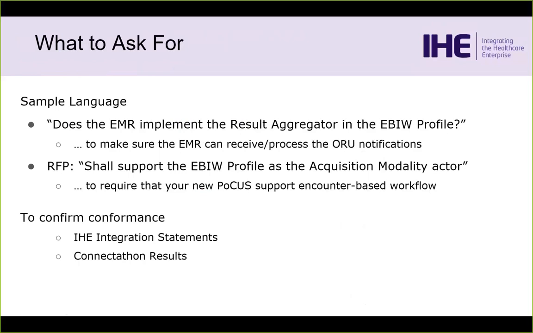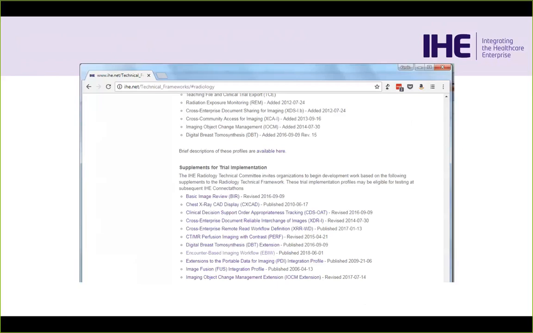If you want to confirm conformance, as with all IHE profiles, go look at the vendor's integration statements and check the Connectathon results. There's an online database. If you just Google for IHE Connectathon results, it'll come up. And so you can see which vendors have been starting to implement this, which ones have passed Connectathon. It's not a prerequisite, but it is a nice litmus test to see that they're getting involved.